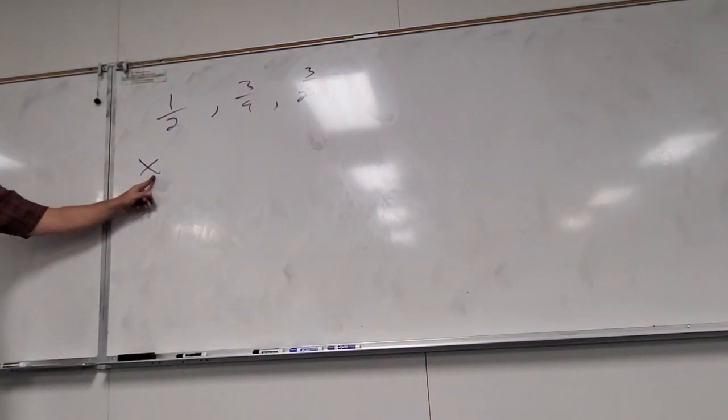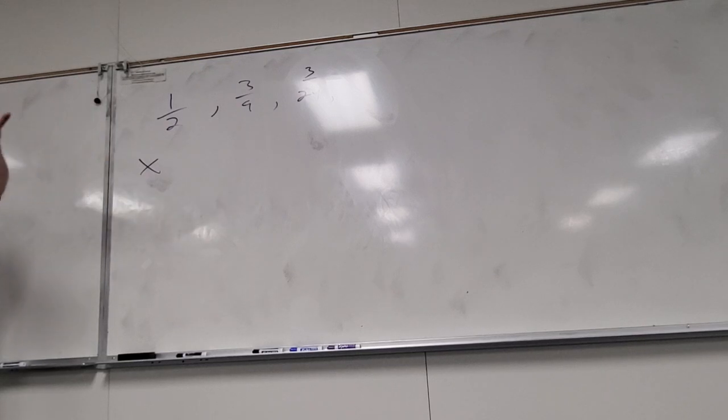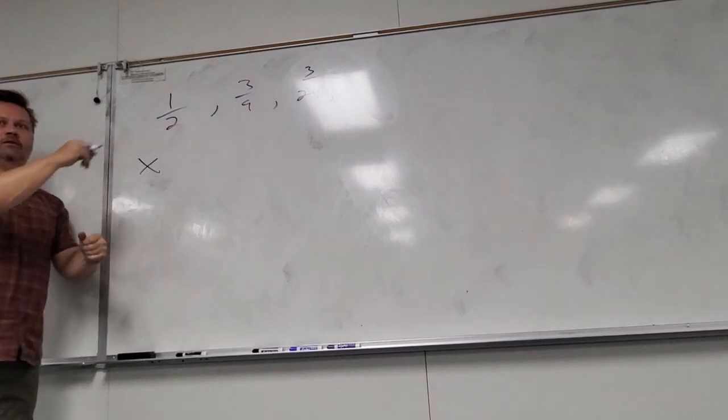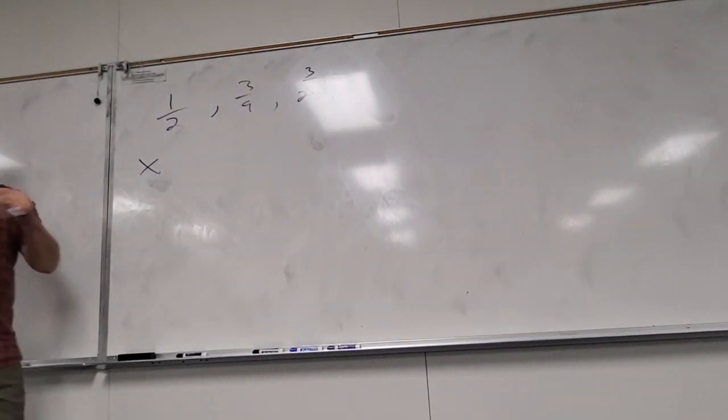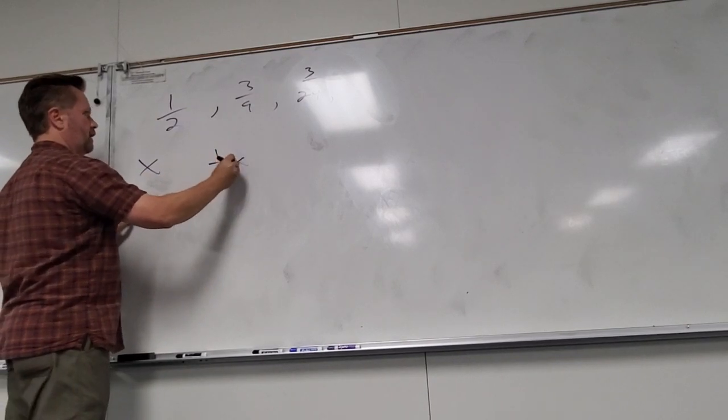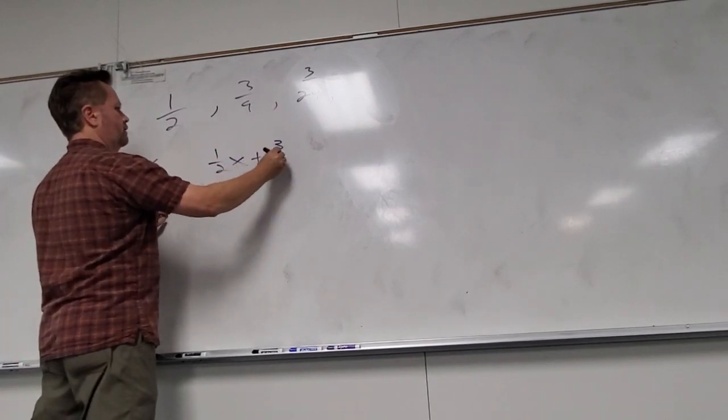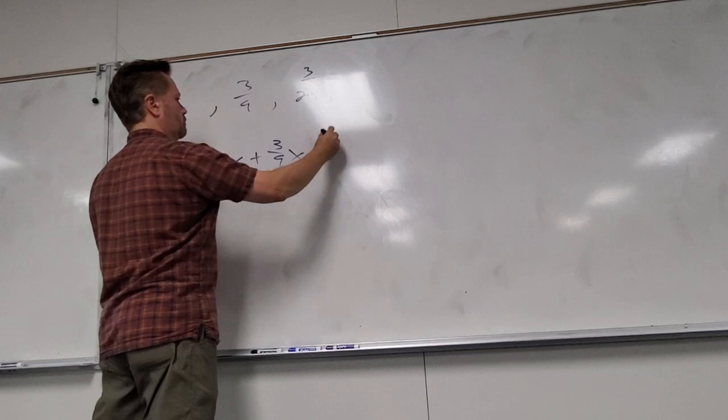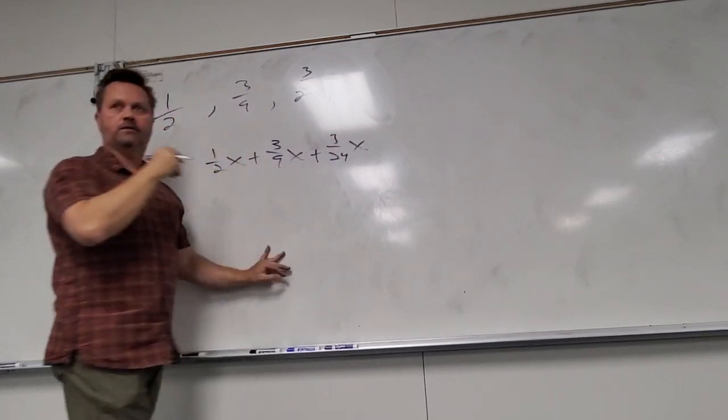Some monetary value, correct? So how much money did his wife get? 1/2 of X. Not 1/2, she didn't get one 50-cent piece. She got 1/2 of the estate, plus 3/9 of the estate, plus 3/24 of the estate, correct?